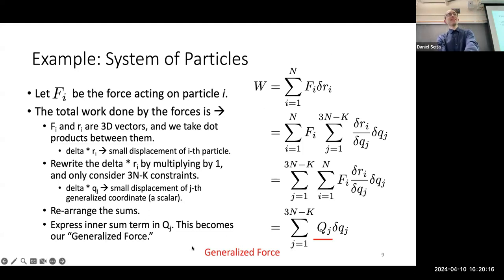The exact meaning of what each generalized force is, I don't actually know. All I know is that it's just some other type of force that we could apply, and it's just a way of re-expressing how we describe what work means.